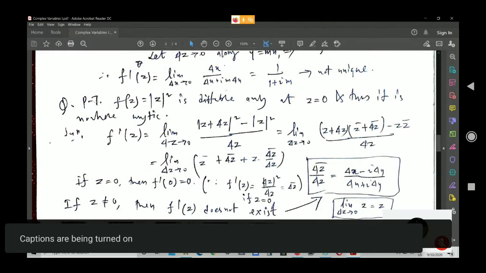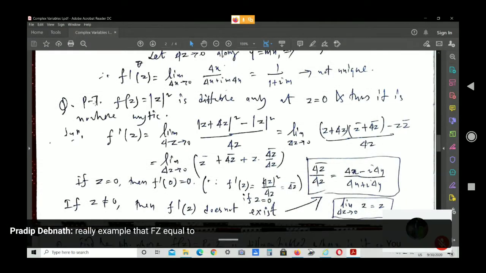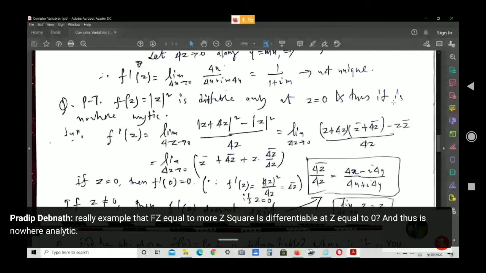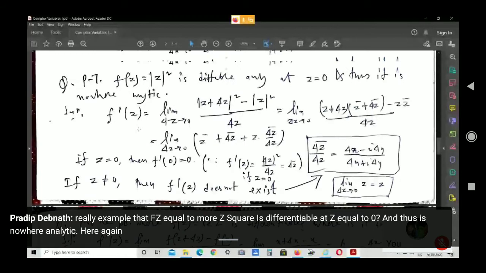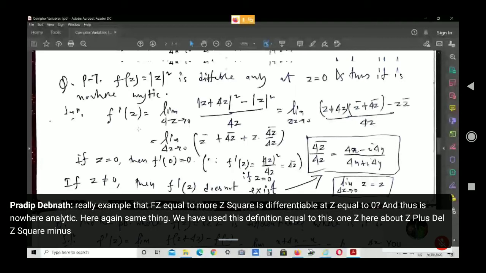Let's see another example: f(z) equal to mod z square is differentiable at z equal to 0, and thus it is nowhere analytic. Here again, same thing. We have used the definition with f(z) equal to mod z square. So here, f(z plus del z) minus f(z) divided by del z.